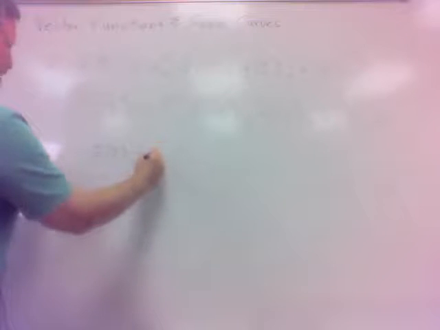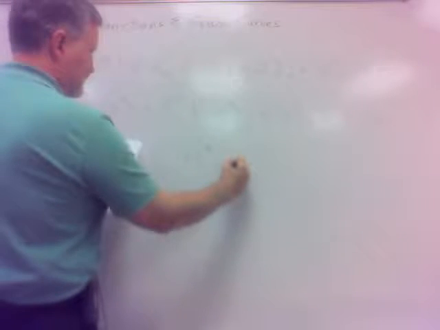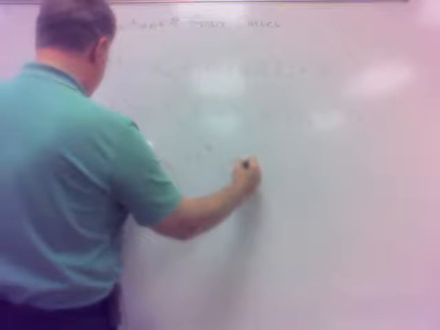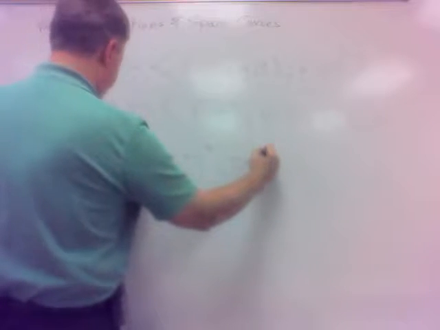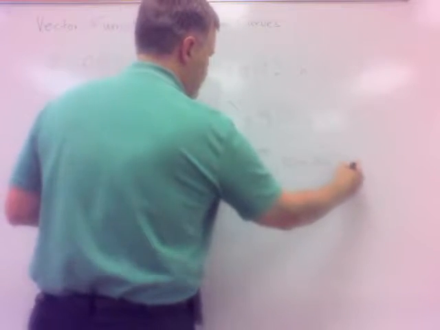So let's see. For r of t equals 1 plus t cubed, t e to the minus t, sine of 2t, find the derivative vector.